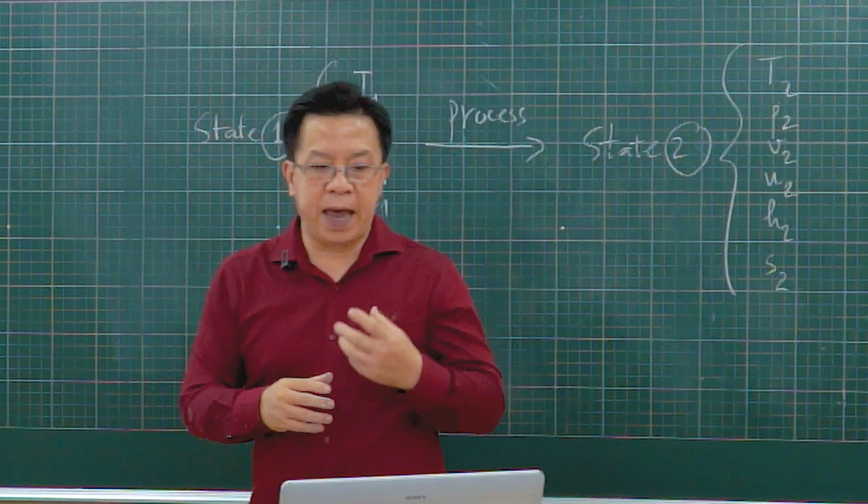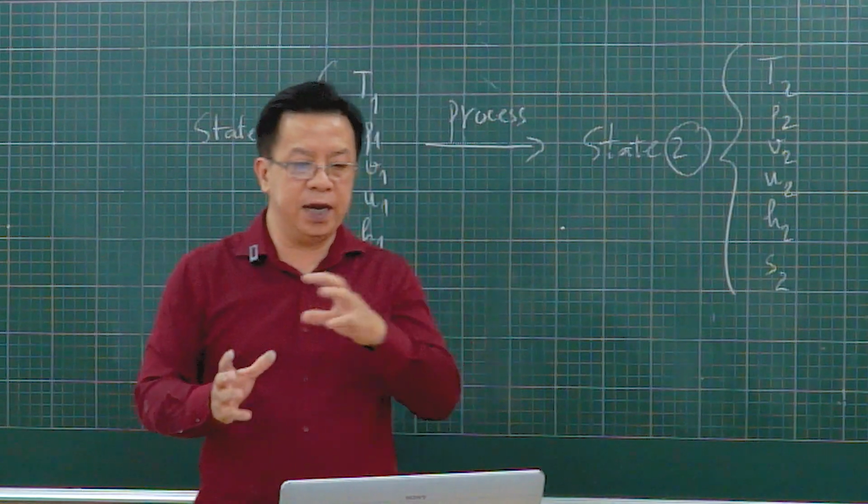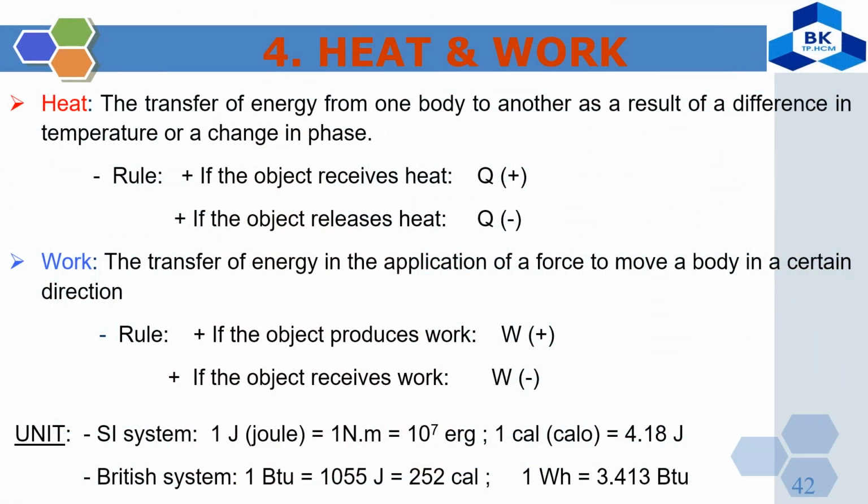Work is the transfer of energy by the application of a force to move a body in a certain direction. You know that a force F makes the weight move a distance, for example x.